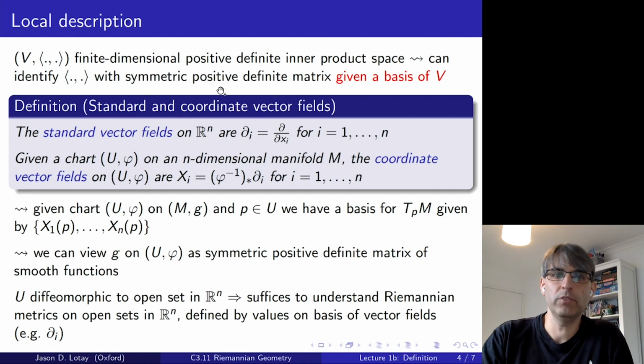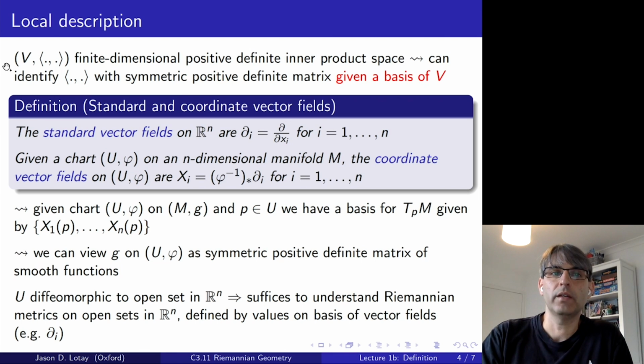But I can only do that if I choose a basis of my vector space. So that's very important. If I choose a basis of the vector space, then I can identify the inner product with a symmetric positive definite matrix. And of course, we know that if we change the basis, then we'll change this matrix.